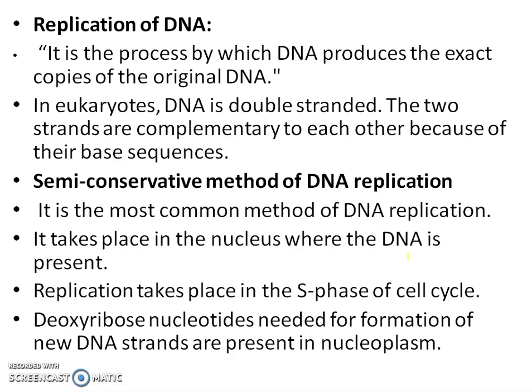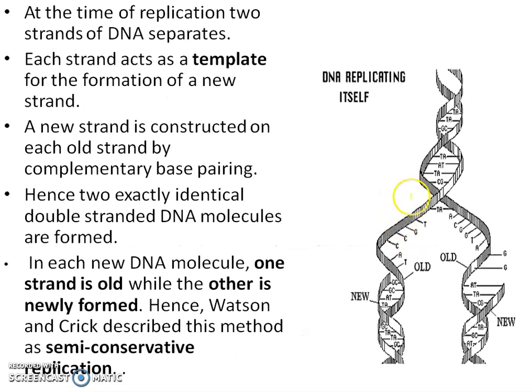Now talking about what is the semi-conservative method of DNA replication. It is the most common method, and it takes place in the nucleus, where DNA replication takes place in the S phase, and the deoxyribonucleotides needed for formation of new DNA are present in the nucleoplasm. At the time of replication, each old parent strand acts as a template, and these 2 parent strands will open, and then a new strand will be formed.